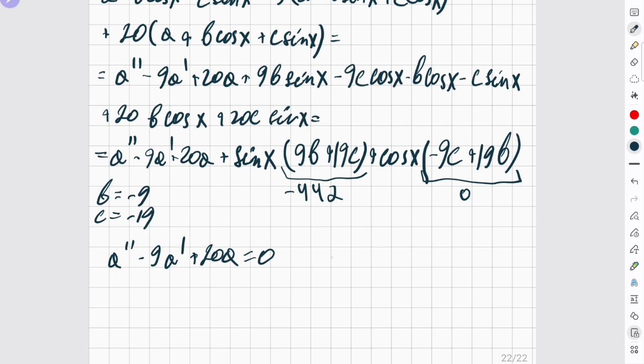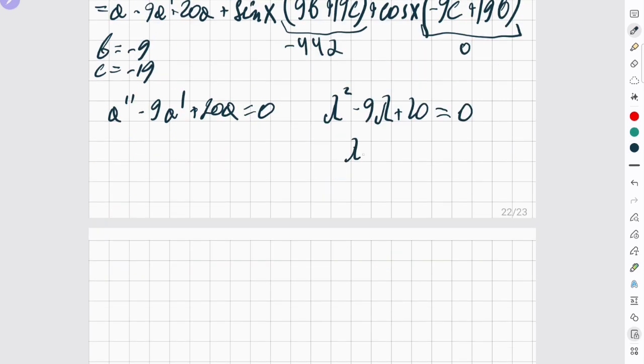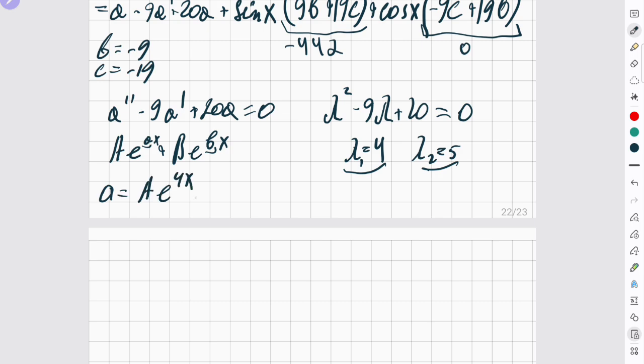So we can write it like this: lambda squared minus 9 times lambda plus 20 is equal to 0. Here lambda 1 will be 4 and lambda 2 will be 5, and we know that the overall formula is like this: a times e to the power ax plus b times e to the power bx, and we know that these are the roots and we have 4 and 5. That is why a will be a times e to the power 4x plus b times e to the power 5x.